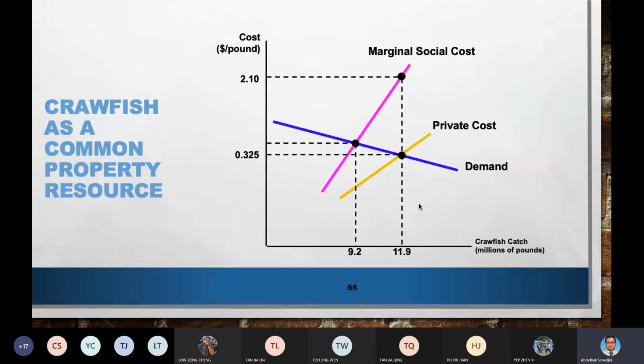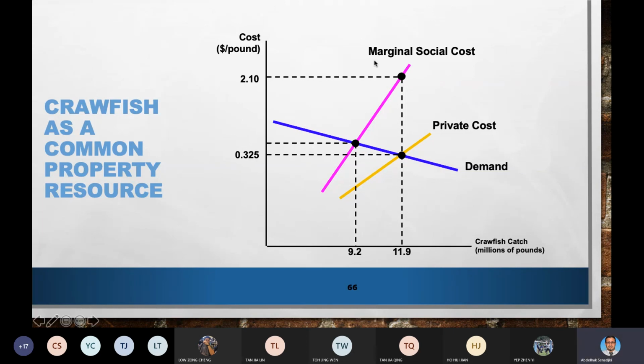So here the efficient crawfish catch of 9.2 million pounds equates the demand, or the marginal benefit, to the marginal social cost, and the 11.9 million pounds is determined by equating the demand, or the private marginal benefit, with the private marginal cost, which is 11.9.